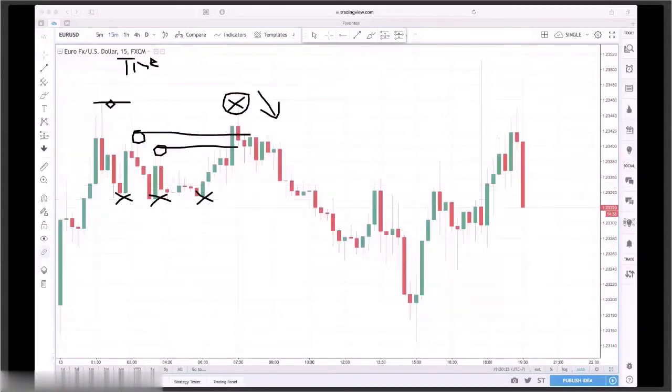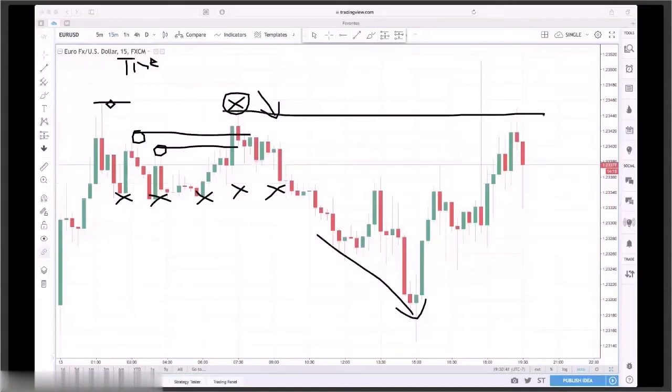Remember this area that wasn't breaking for the longest time? Not only did it break that, but he held below that price for a very long time. This level is now important. Reaction, reaction. You're gonna get a reaction from these areas.